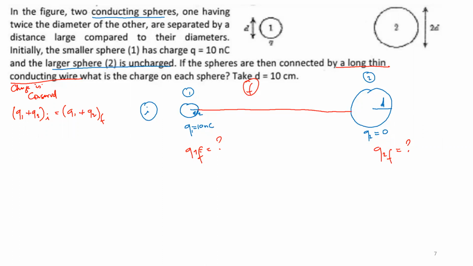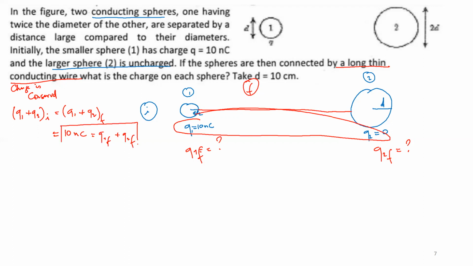The amount of charge in an isolated system is conserved. You can have exchange of charge, of course. So Q1 plus Q2 before and after will be just 10 nanocoulomb, and that should be conserved. So I have my first equation: 10 nanocoulomb is Q1 final plus Q2 final.